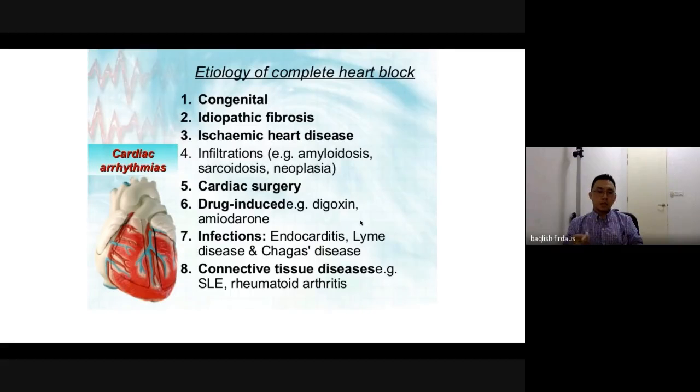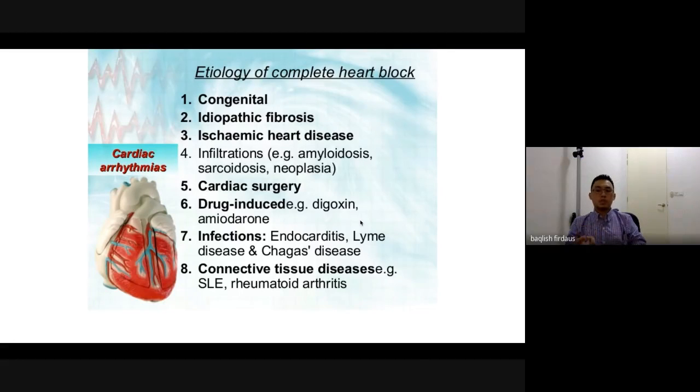Infections like endocarditis which involve the aortic valve, because our His bundle is anatomically very near to the aortic root. So any infection of the aortic valve can cause a valve abscess, and the patient can develop complete heart block.